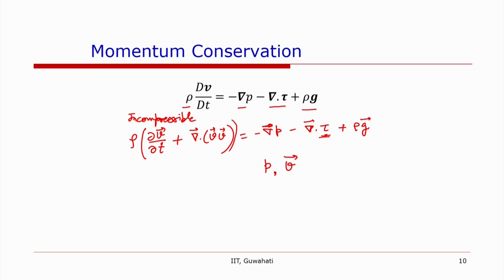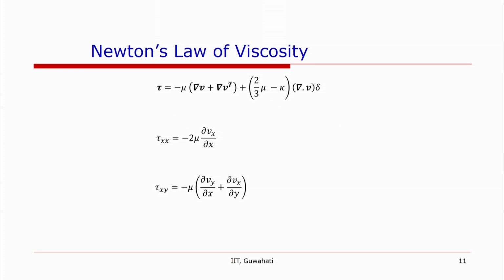in terms of velocities, which is called a constitutive equation, and that comes from rheology, and one of the most common examples for many fluids is what is known as Newton's law of viscosity.